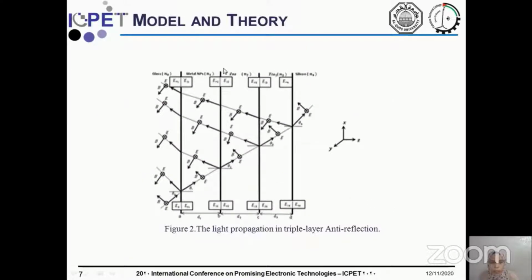This figure shows the structure of anti-reflection coating, which is sandwiched between cover from glass and substrate from silicon, and shows the light propagation in a triple layer anti-reflection coating structure.